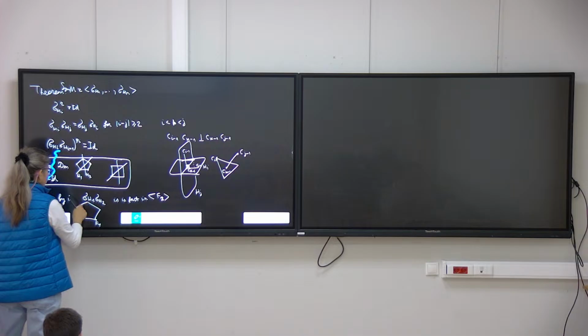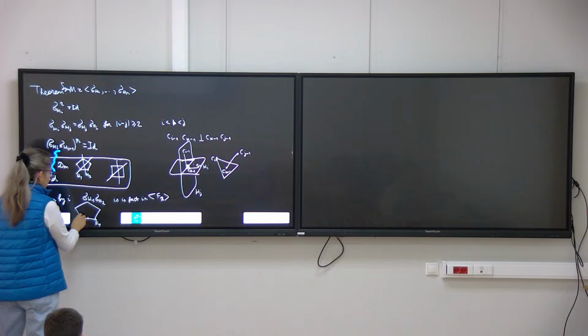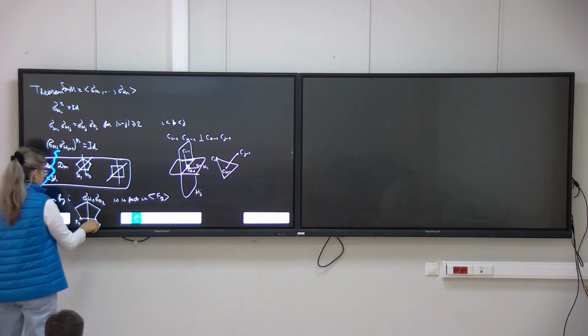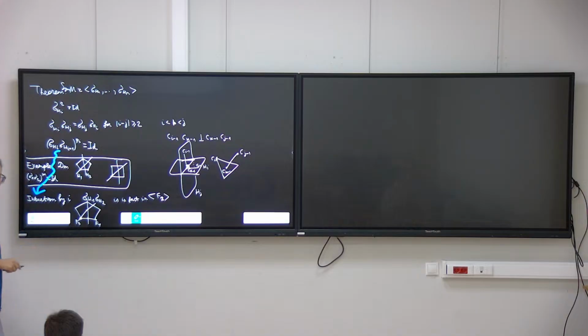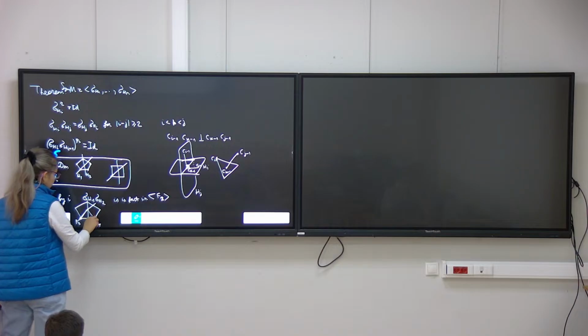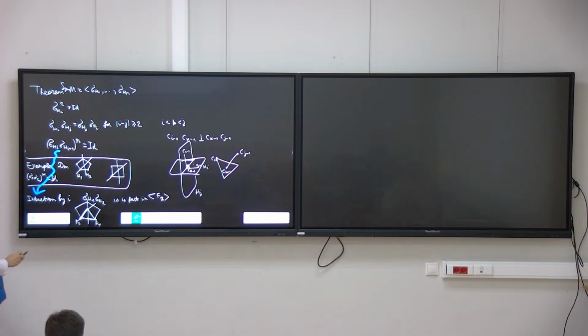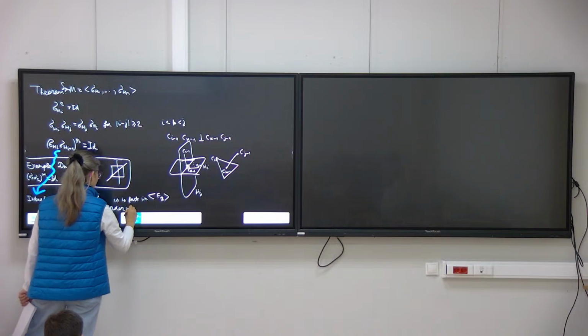So H1 does not contain F0, but it contains the center of this face. It contains the center of the p1-gon, so it is something like this. And by construction, F1 contains this one and this center. So the angle between them can be formed from this triangle. So yes, its order equals p1.